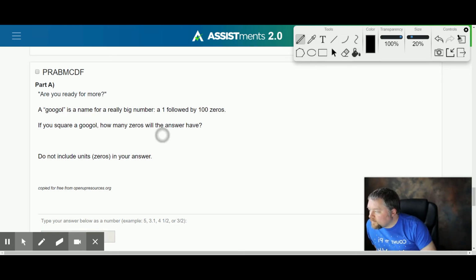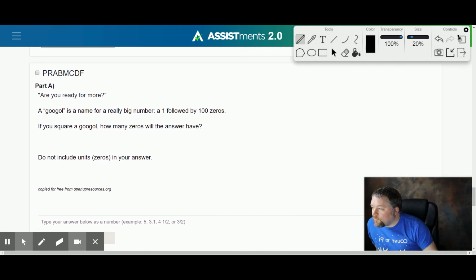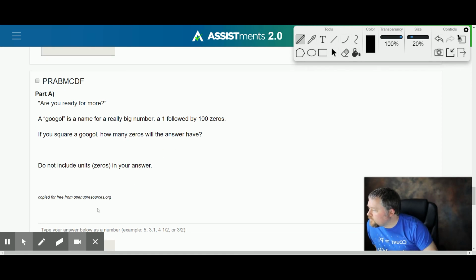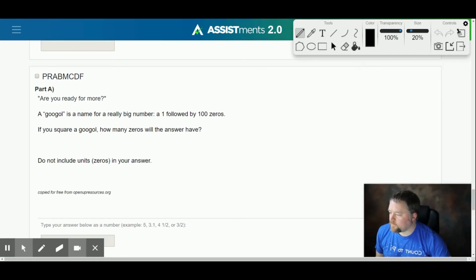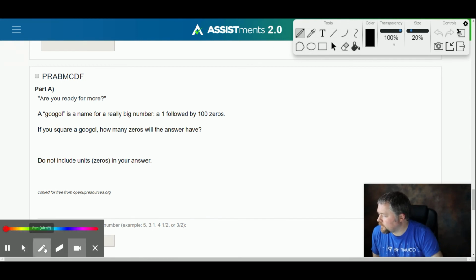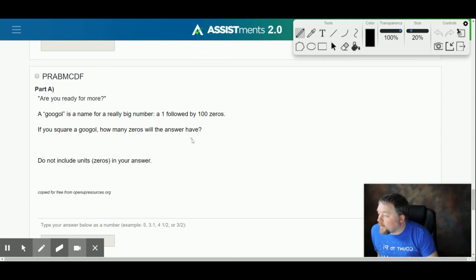Well, a Google, which is a 1 followed by 100 zeros, as we were just talking about, is 10 to the power of 100.